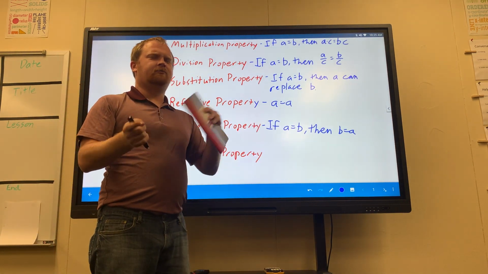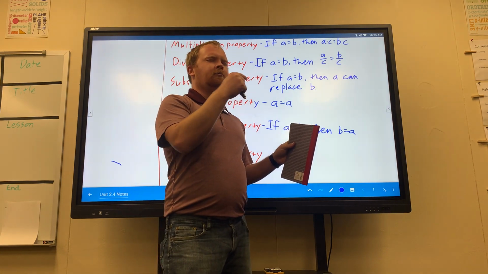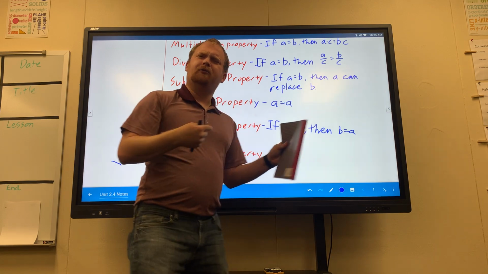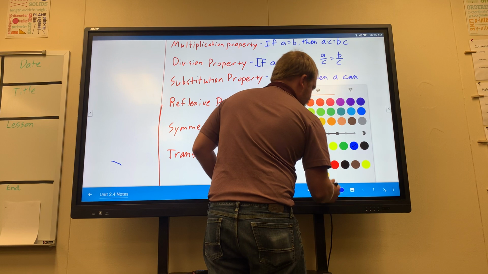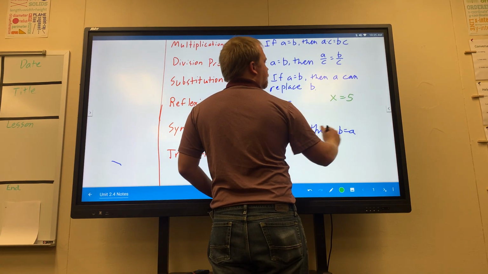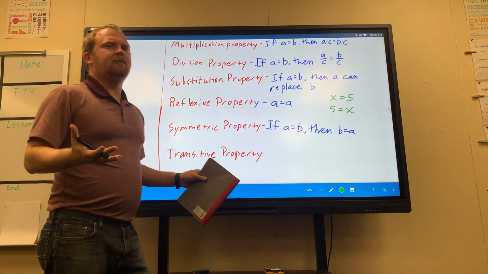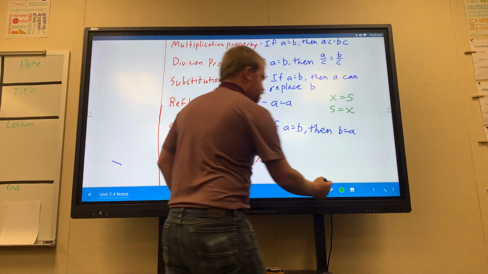So basically it's just vice versa. It doesn't matter if it's 4 plus 1 equals 5 or 5 equals 4 plus 1. It both works out the same way. Or, and I want to write this down as well, it doesn't matter if it's x equals 5 or 5 equals x. They're both the same thing. So it doesn't matter if you flip-flop it one way or the other.